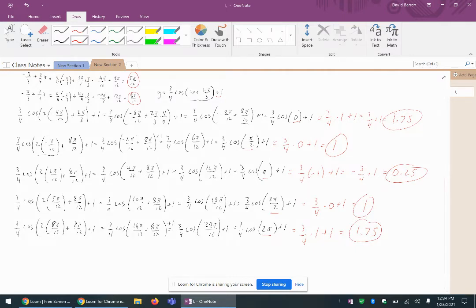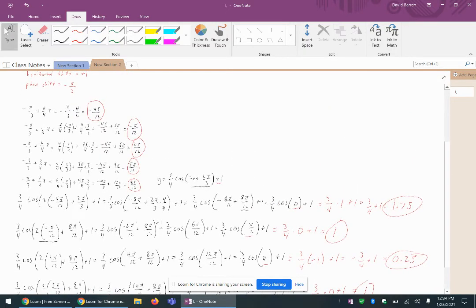Okay, so let me also talk about a couple other points here. Let's take a brief look at this guy, and this guy, and this guy. And note, I didn't reduce those. And maybe let's see, 8 pi over 12 divide top and bottom by 4, we get 2 pi over 3.